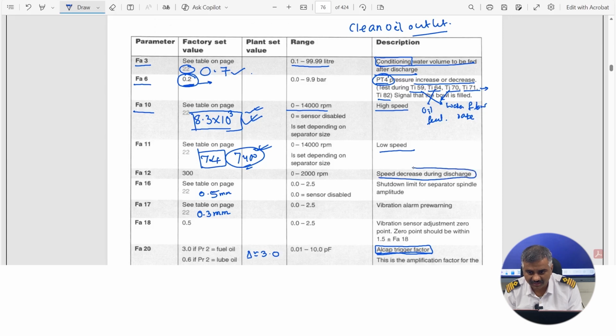Okay, FA12 is speed decrease during discharge. As we are aware, when the purifier bowl opens, the sludge is being discharged out, due to which a sudden load reduction takes place in the bowl.